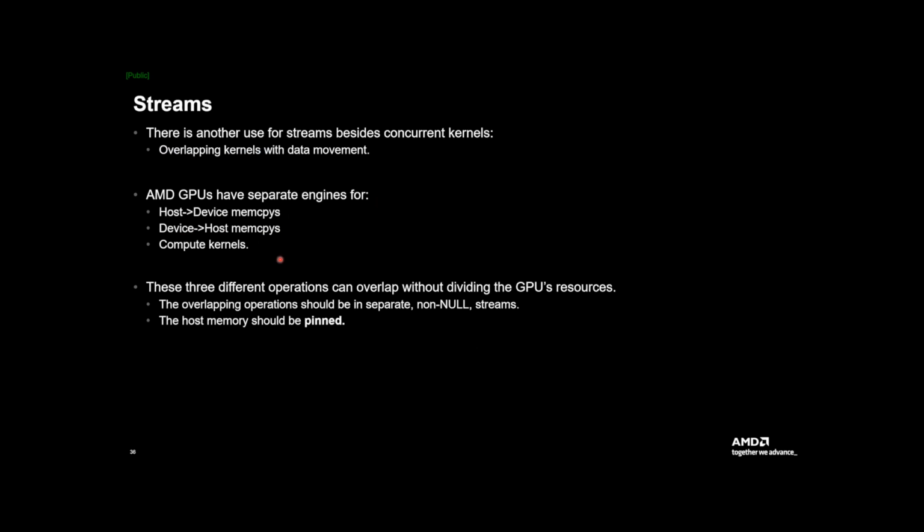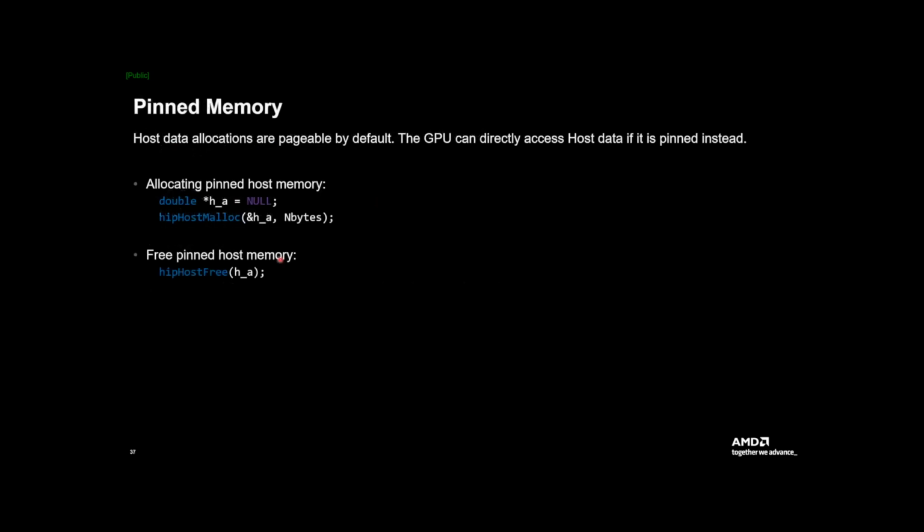The overlapping operations should be in separate non-null streams, and then the host memory should be pinned. What's pinned? Host data locations are pageable by default, so the kernel can decide what to do. The GPU can directly access host data if it's pinned instead.